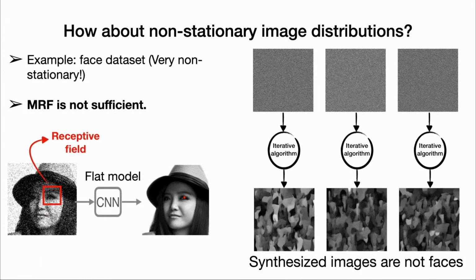What we get is definitely not faces. In fact, these images look like textures, and if you look hard, you'll see parts of faces. So it's like textures of parts of faces. This means that the MRF is not really sufficient in order to capture the long-range dependencies in this case.